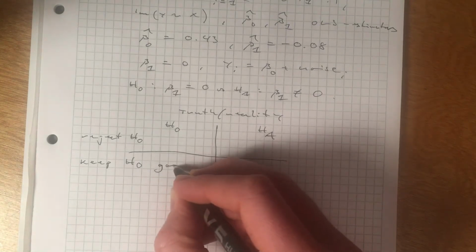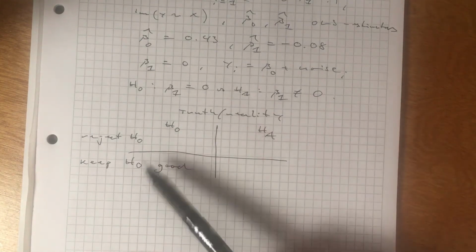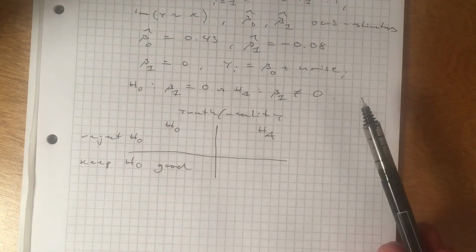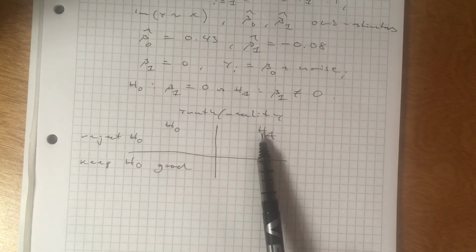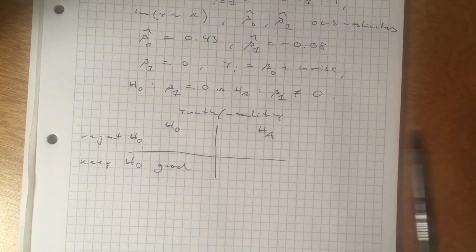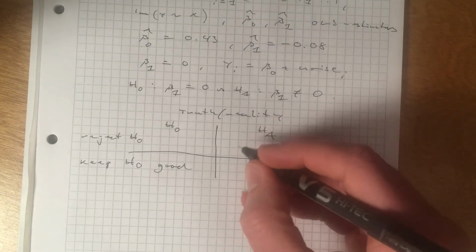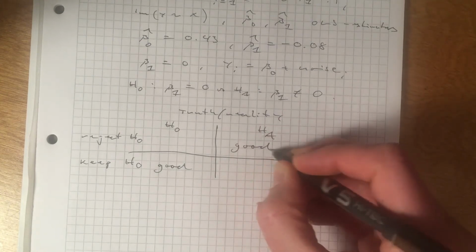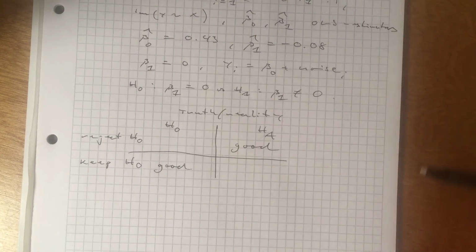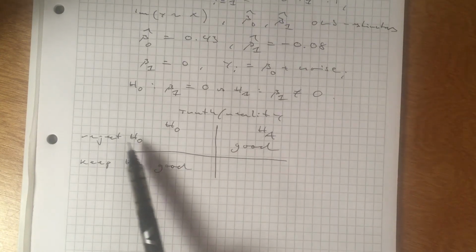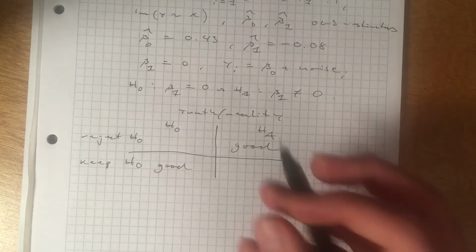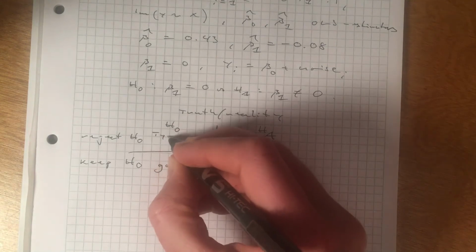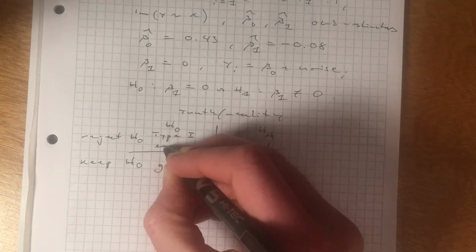Because then we decided what is true. If we reject the null hypothesis, when the alternative hypothesis is true, so that the null hypothesis is false, then we're also good. While if we decide to reject the null hypothesis, when the null hypothesis is true, we commit what's called a type 1 error.